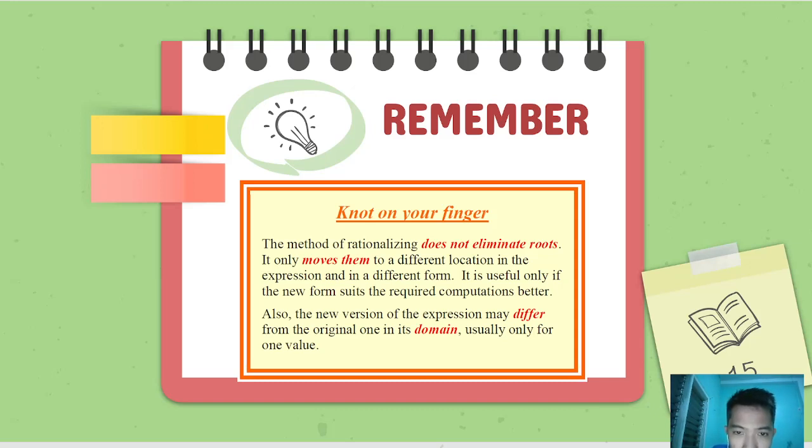Also, the new version of the expression may differ from the original one in its domain, usually only for one value. So, in algebra, rationalizing means to multiply and divide it by a suitable factor so that the new version is easier to work with. The rationalizing is always applicable.